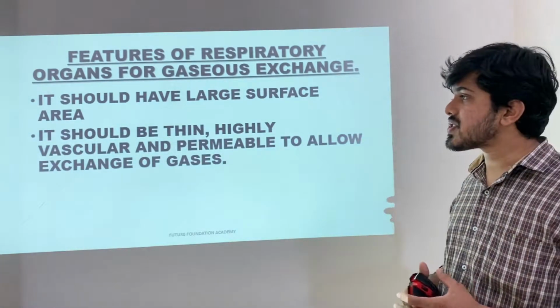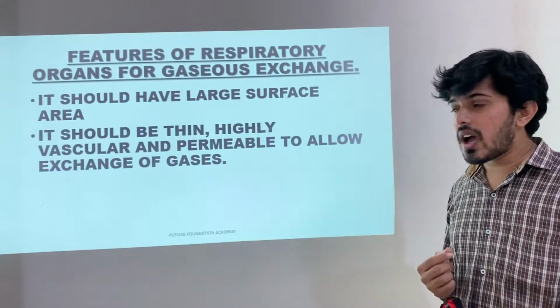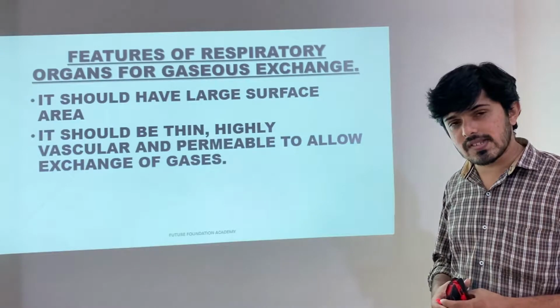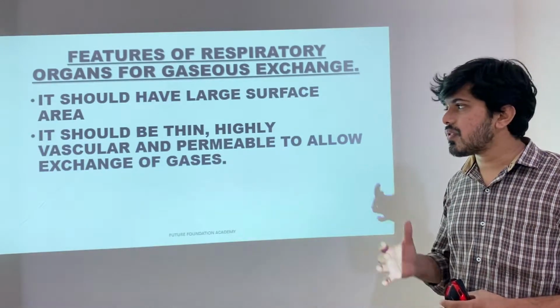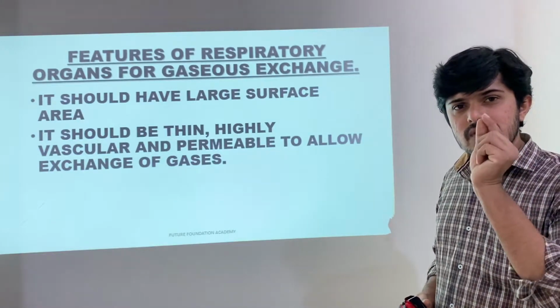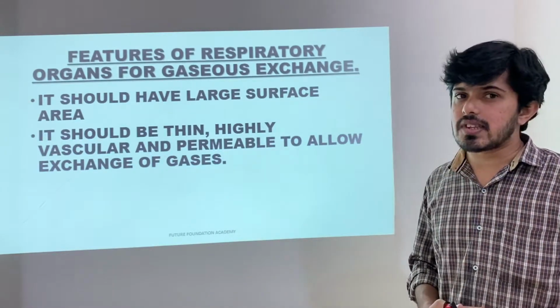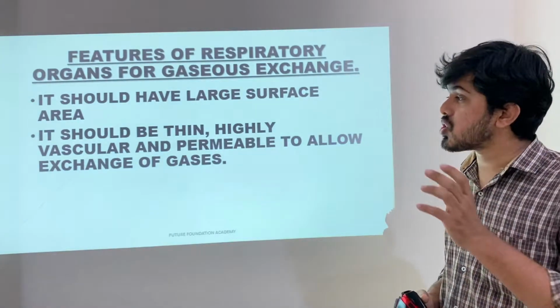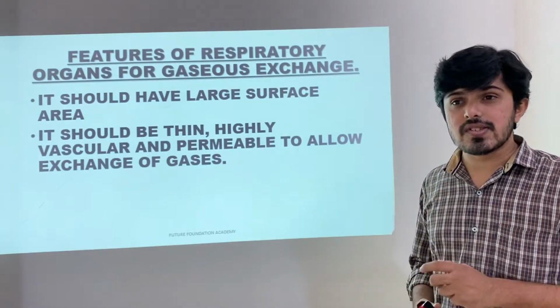In the second feature, it should be thin, highly vascular and permeable to allow exchange of gases. Three words you have to remember. First is thin. If the wall of that respiratory organ is thin, diffusion can easily occur. If the wall is thick, diffusion is difficult. So it should be thin. It should be highly vascular.